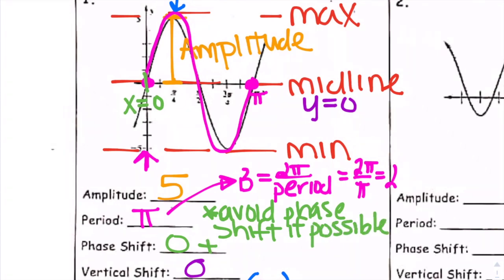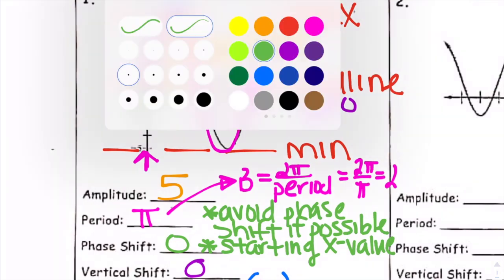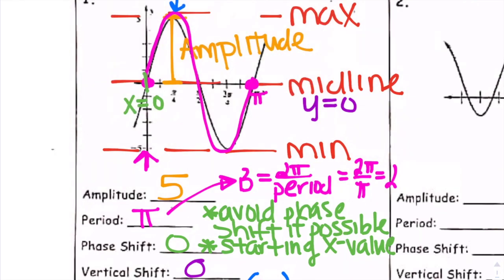And then the other thing that we want to note about our phase shift is that it's going to be our starting x value. And then we're going to make a note about our vertical shift, and our vertical shift is our midline. And then we'll move on to the next question.